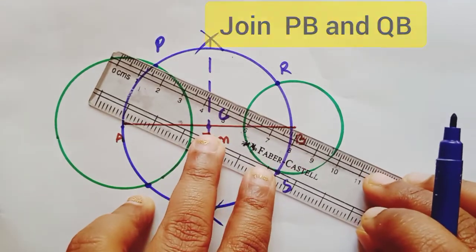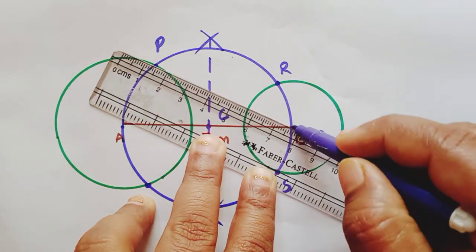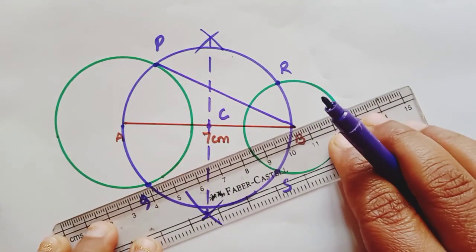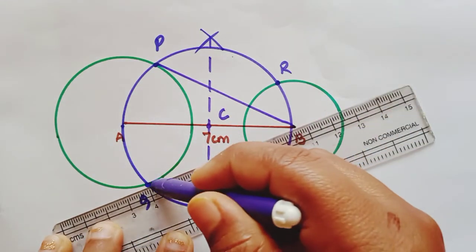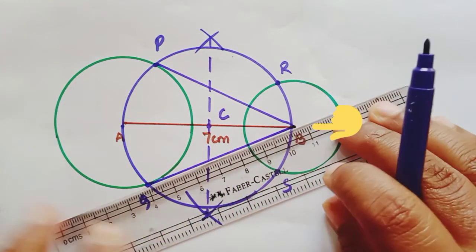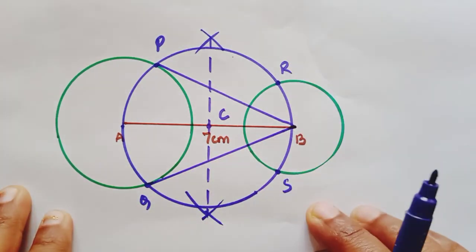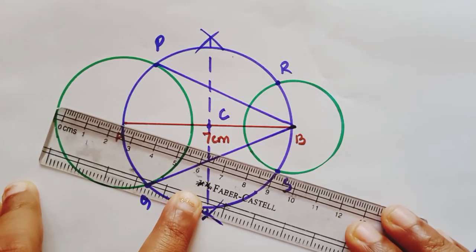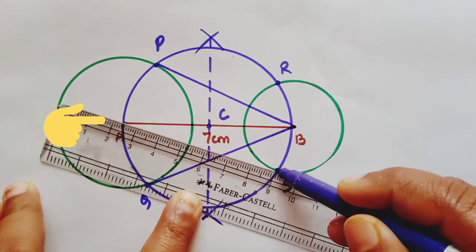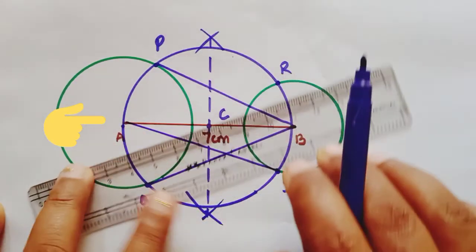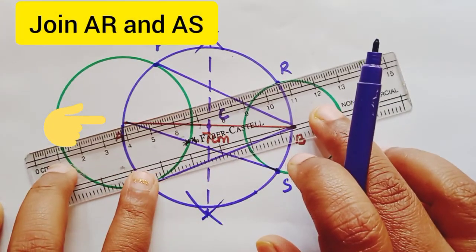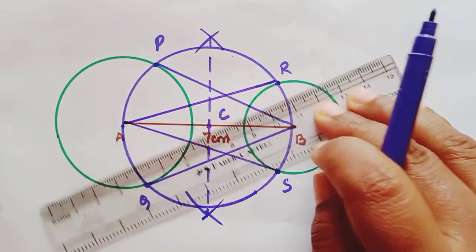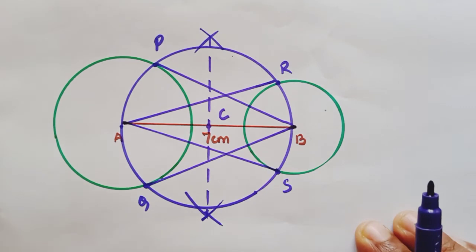For the first circle, we'll be doing that. And now from R and S we will be joining to A. So now we need to join the points. So now that the tangents are drawn.